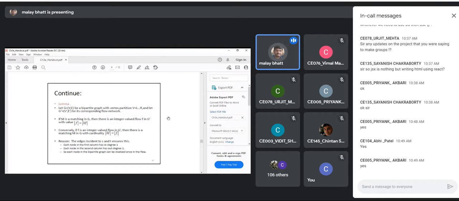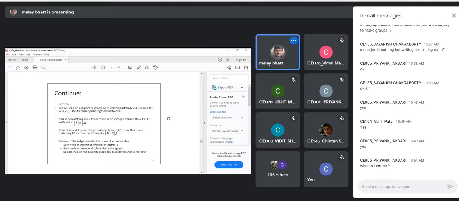So this is a simple lemma. Let G = (V, E) be a bipartite graph, where V is the set of nodes and E is the set of edges, and we are partitioning the vertices into L union R, where the intersection of L and R is empty. And G' = (V', E') is the corresponding flow network we are generating from graph G by adding the source node and the terminal node.